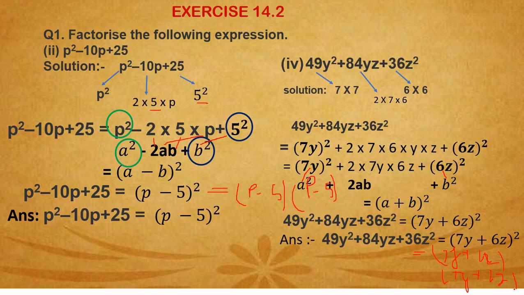Okay, so in this way we can factorize the algebraic expression where the first and the third term can be expressed as the square of a number.